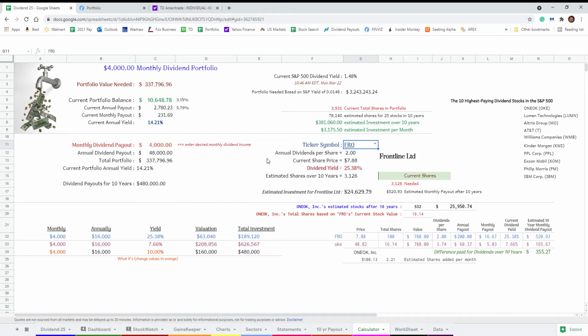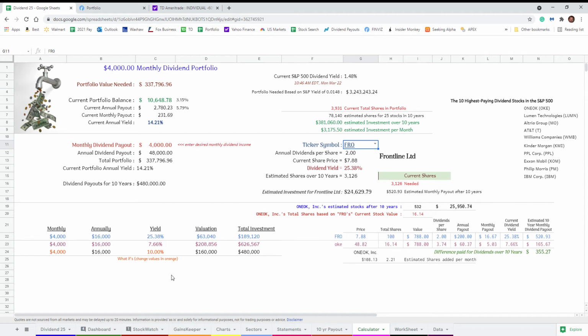Getting back to what we're talking about, I'm showing here now it's at 381. So I'm guessing that some of my stocks have gone down, because my yield now is at 14.21. Again, this is a dynamic spreadsheet, so it's going to be changing and fluctuating throughout the day, which is pretty cool.